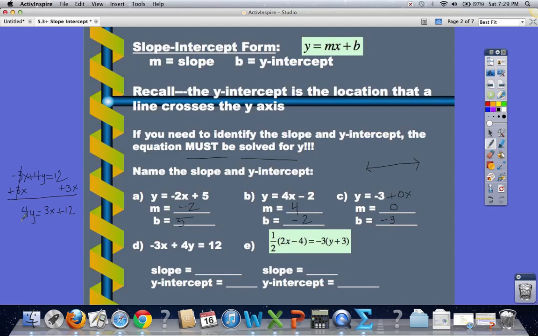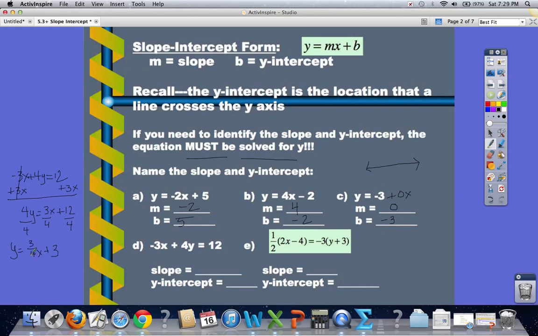And we're dividing by 4, dividing by 4, dividing by 4. Y is going to be equal to 3 over 4x, and then 12 divided by 4 is 3. So now it's in y equals form. Now we can determine what the slope is versus what the y-intercept is.